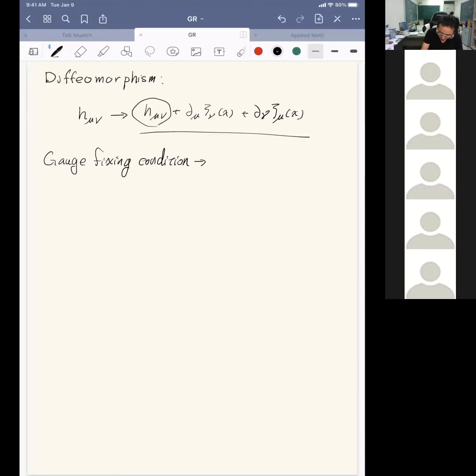The convenient one is written like this, which is called the de Donder gauge.